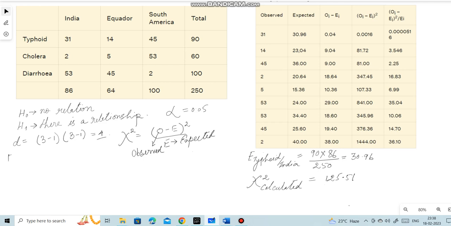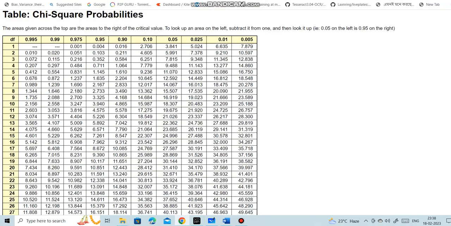Now using these three, there's a table called a chi-square table, which looks something like this. So degree of freedom was 4. We have our level of significance as 0.05. Now the tabular chi-square value for level of significance 0.05 and degree of freedom 4 is 9.488.